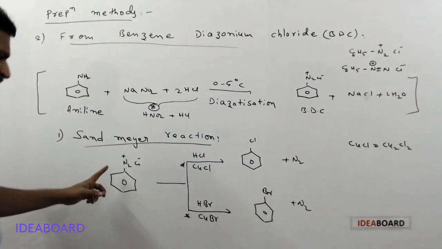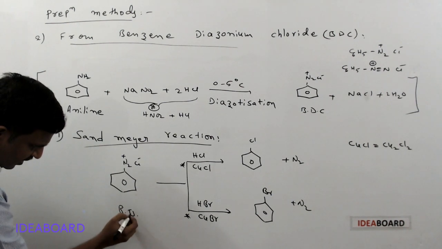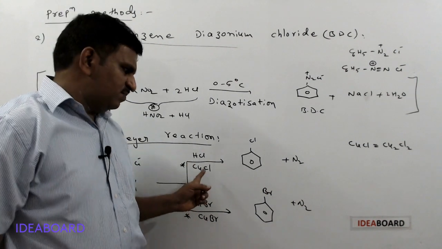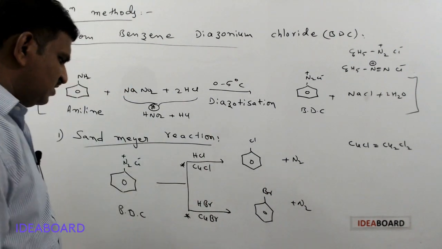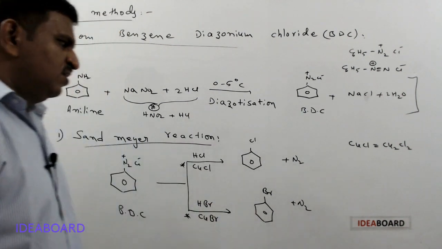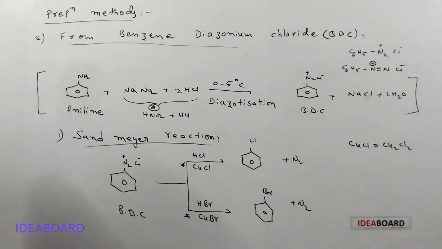So this is benzene diazonium chloride, and it reacts with HCl in the presence of CuCl to give chlorobenzene, or HBr in the presence of CuBr to give bromobenzene. Either chlorobenzene or bromobenzene formation occurs by the Sandmeyer reaction.